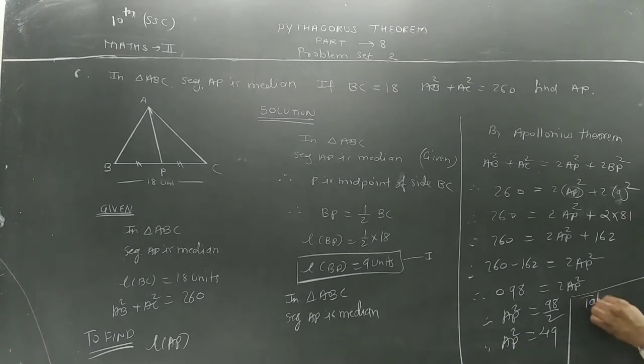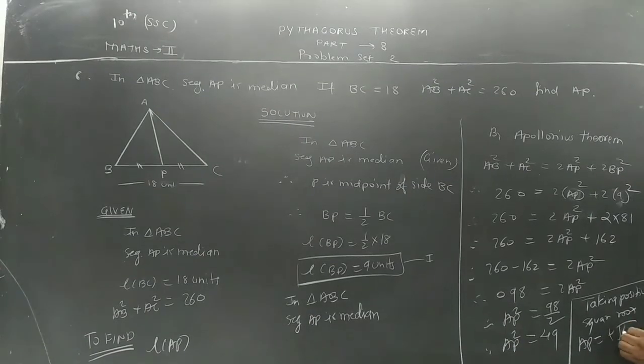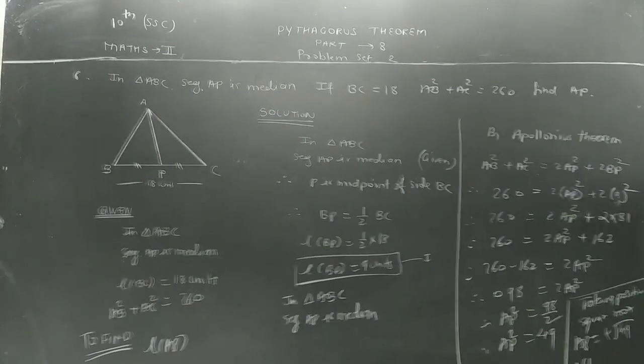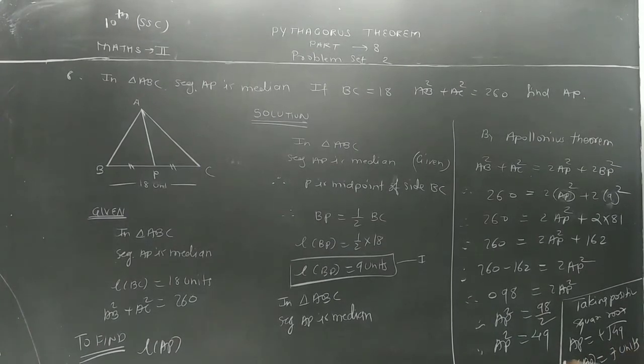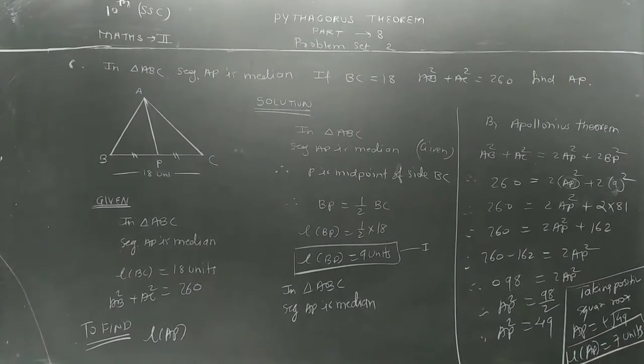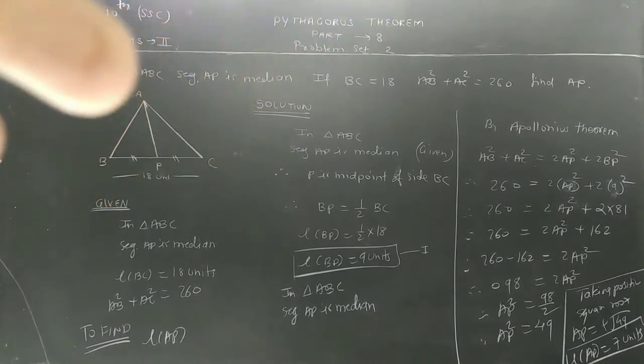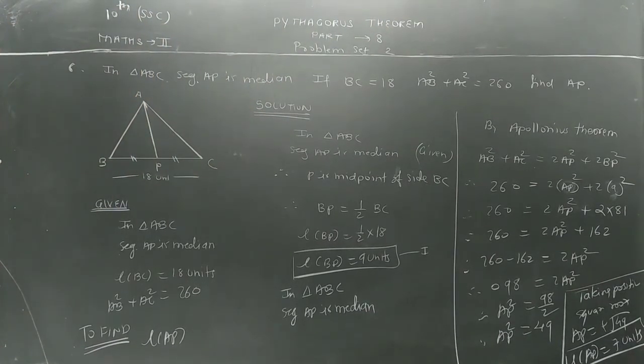Taking positive square root, what I'll get? AP is equal to plus root 49, or length AP is equal to 7 units. Then we are going to copy it down. Okay, copy it down properly. It is a very easy question. Pause the video and copy it down.